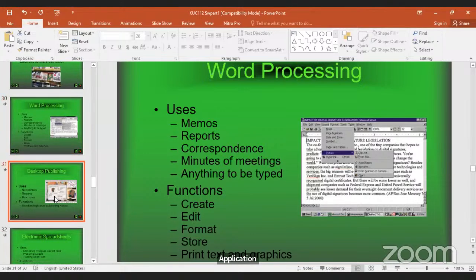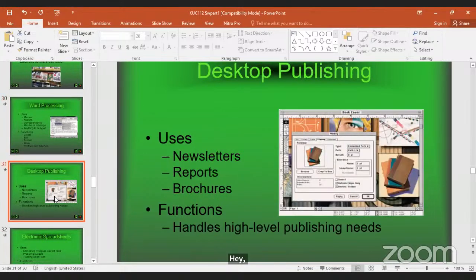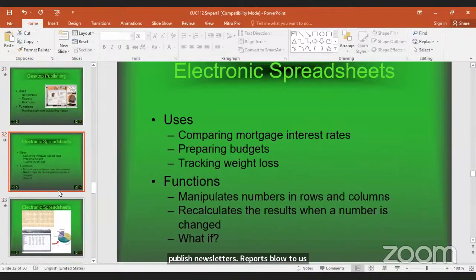Like we have the desktop publisher that lets you publish newsletters, reports, brochures, and helps in publishing. We have a spreadsheet. Most of you usually name it as Excel.